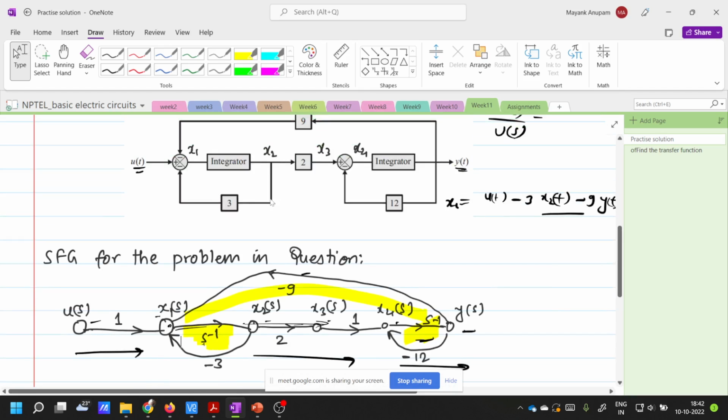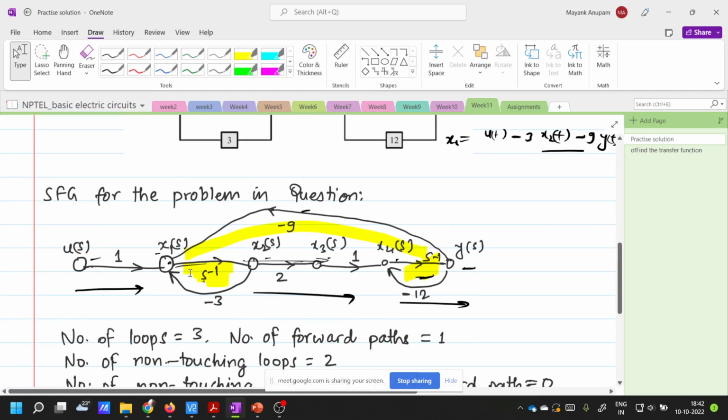Now you see, from x2 to x1 you have a feedback factor of 3, and that is being subtracted here. But in the signal flow graph you do not have any subtraction operation. You cannot write minus x2 or minus 3x2. You have to represent it in terms of the system gain only. You have to incorporate that minus sign in the system gain itself, because you have no plus or minus signs here; you simply add everything that is coming to a node.